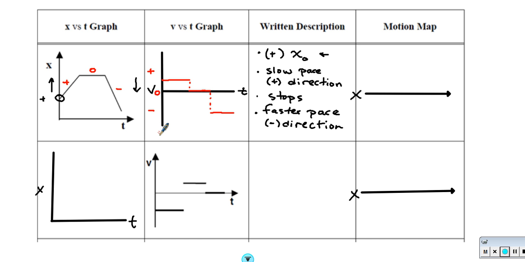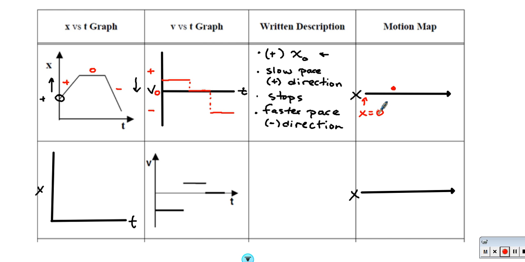For the motion map, the initial positive position indicates that we should start our first dot placed some positive position away from the left. So as we talked about in class, this far left location, unless otherwise stated, is x equals 0.